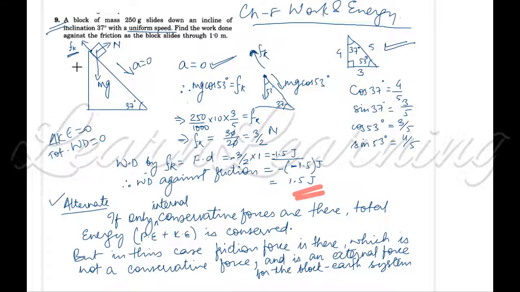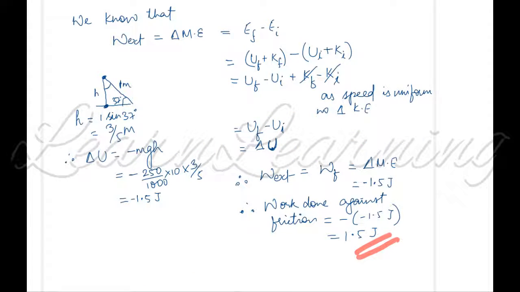So the total energy will not be conserved. When the total mechanical energy is not conserved, there will be some change in the mechanical energy, since the forces are not conservative and there is also an external force.